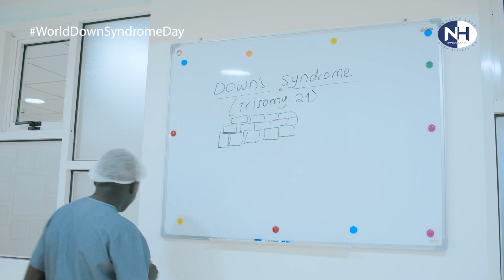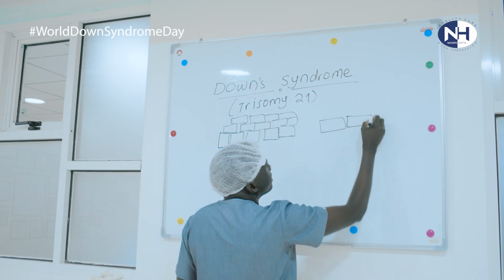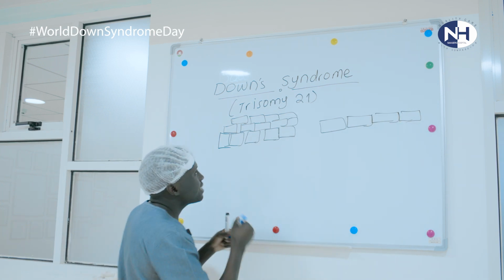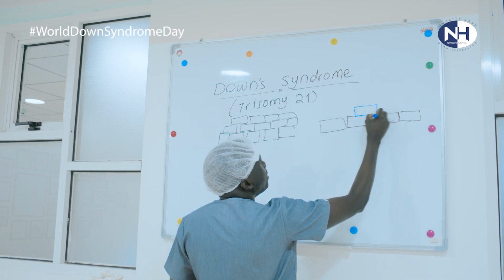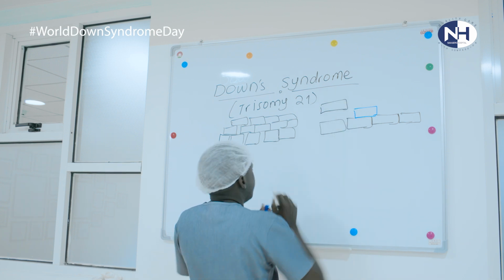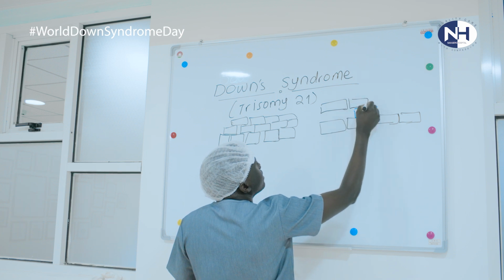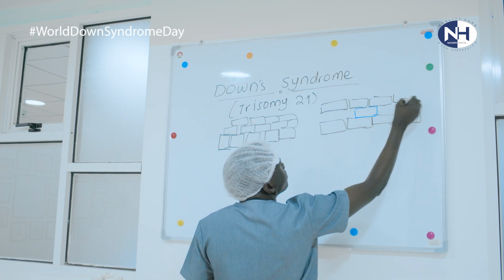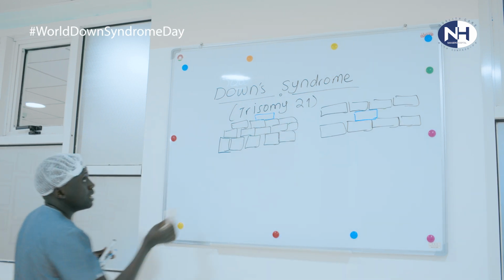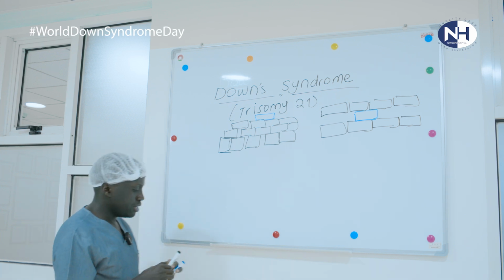So just imagine that in this structure, you introduce an extra block that is not meant to be there. You can see that the entire structure is going to be distorted, and that's exactly what happens in Down syndrome, or what we call trisomy 21.